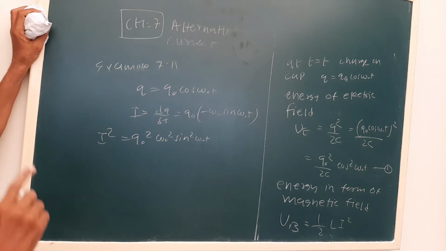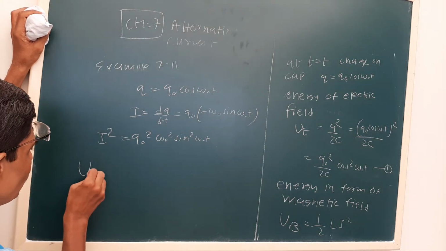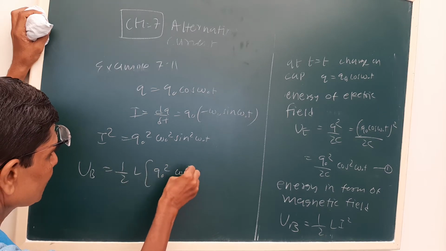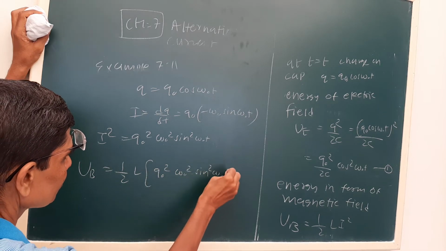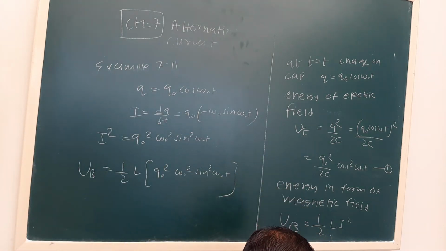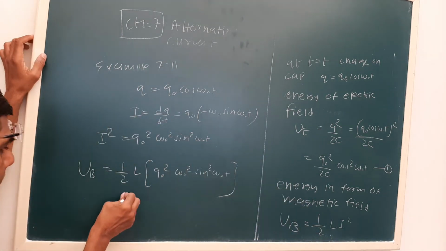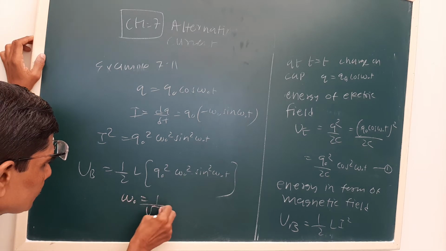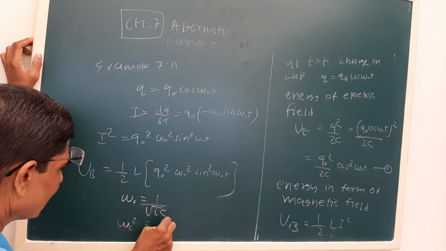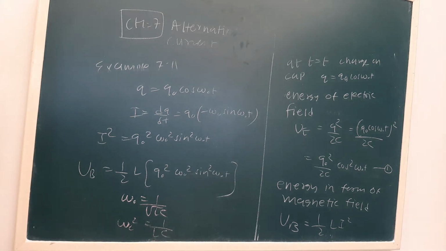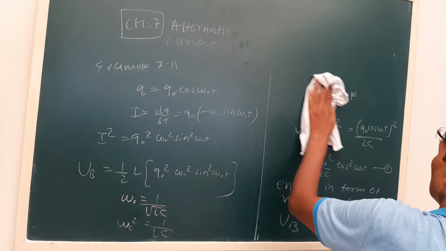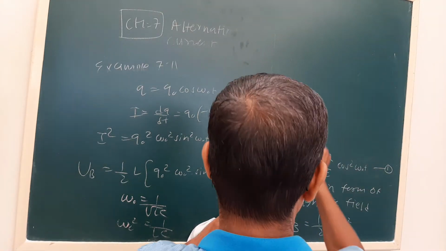So UB will be 1 by 2 L Q0 square omega 0 square sine square omega 0 t. Now omega 0 is 1 upon root LC, so omega 0 square will be 1 upon LC. So this we can substitute in this equation.